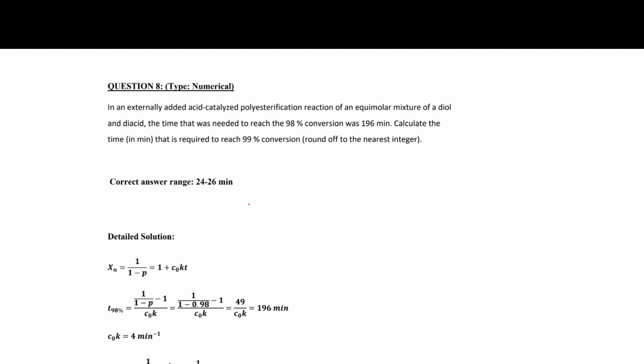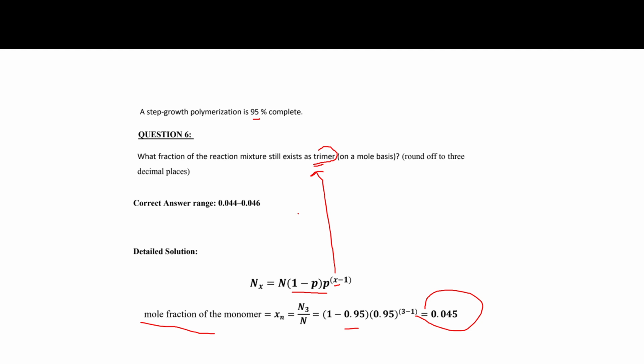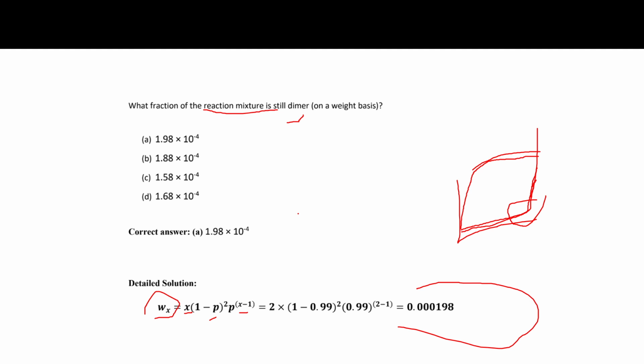Sir, for questions 6 and 7, the step growth polymerization is 95% complete, right? Why have we taken 99% conversion for dimer? No, here the conversion must be given; there is no relation between this and the given.